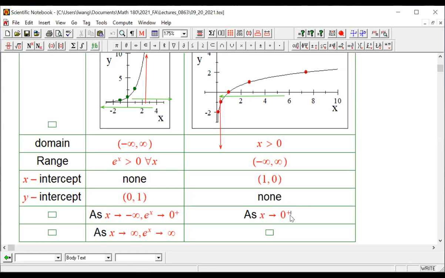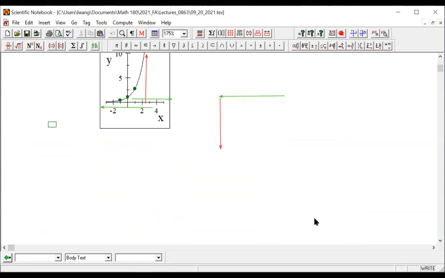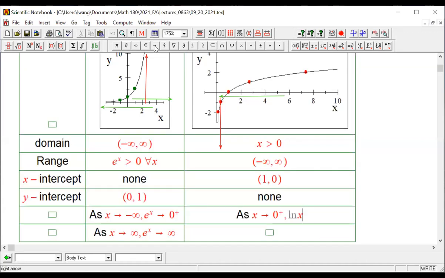If you don't have this positive sign on the shoulder, you might lose a point or two, because it could be from the negative side. ln x approaches negative infinity. That's how we describe this corner.